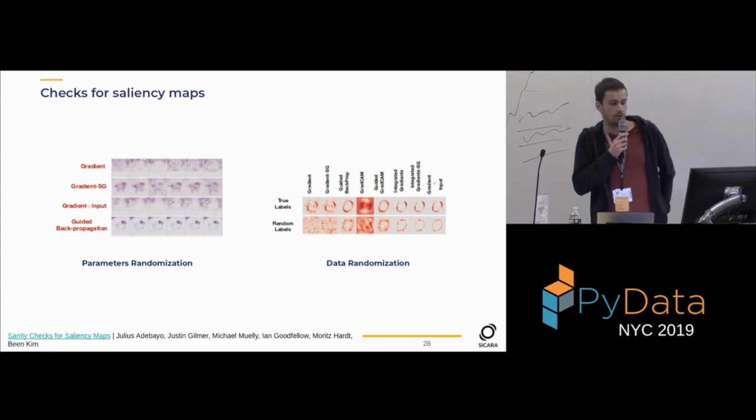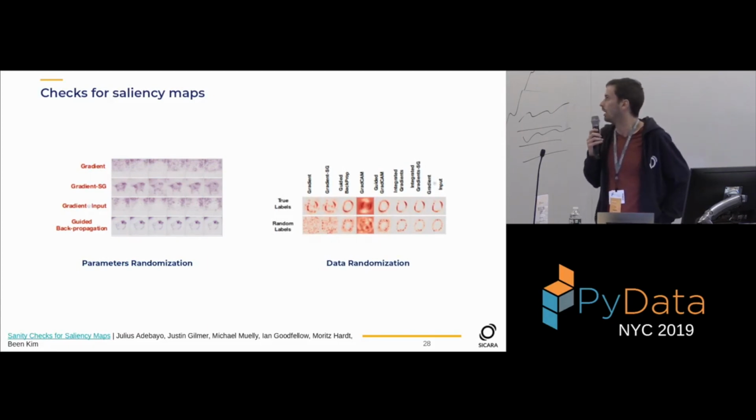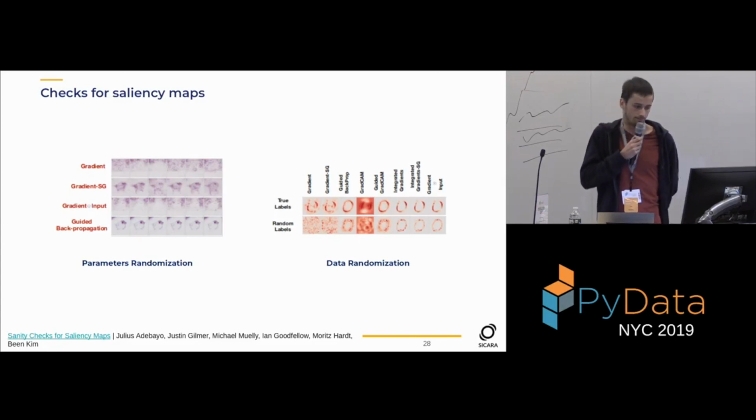Okay, the other check is training a model with randomized data. We want to make sure that if the model is really explaining a class, if we randomize the label during training, the output map shouldn't learn something.